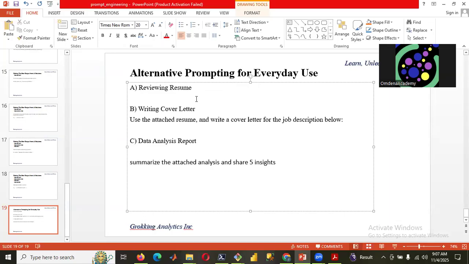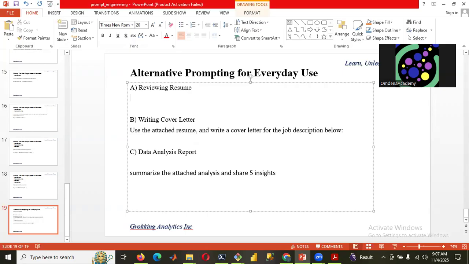It's wrong. And you can also tell it to review the resume, right? You can ask it to review your resume. There are so many templates for reviewing a resume, actually, more standardized ways, but this one is the one I just crafted from my head.